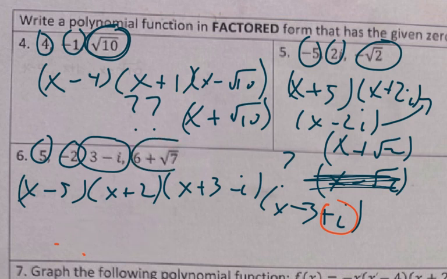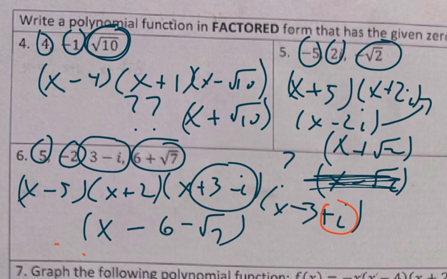And then we have 6 plus square root 7. So that would be x minus 6 minus square root 7. Again, what I did is I had to distribute the minus there. So in that case, coming back here, if I did a plus, distributing the plus, it would not change the minus i. So that hopefully is it.